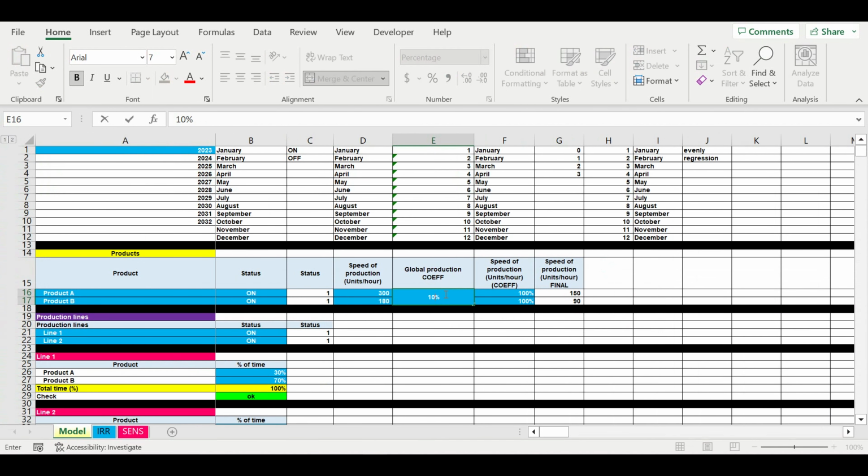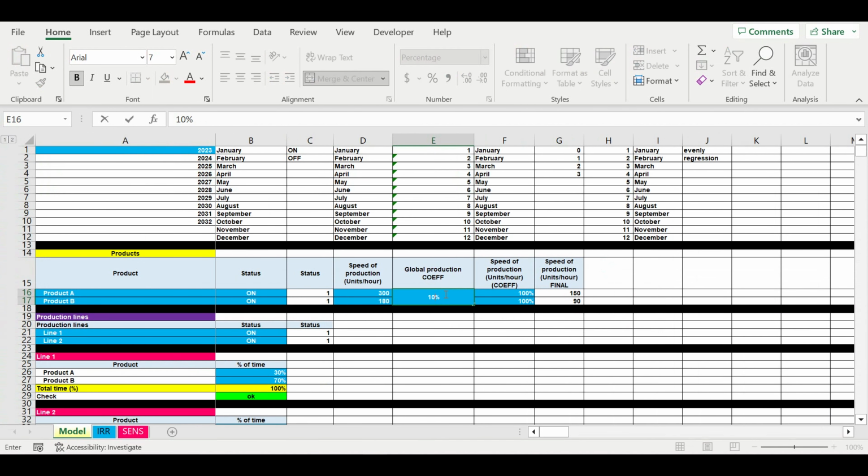And usually during this process of playing with these coefficients, this coefficient plays specifically with product A, and this plays specifically with product B. And this coefficient plays with all these products at one time.